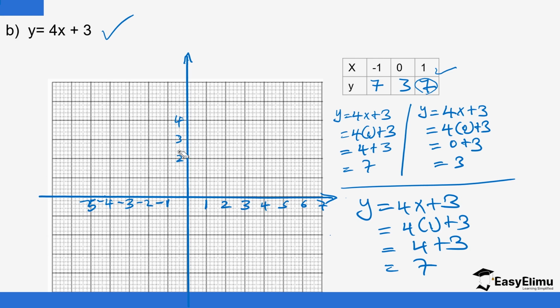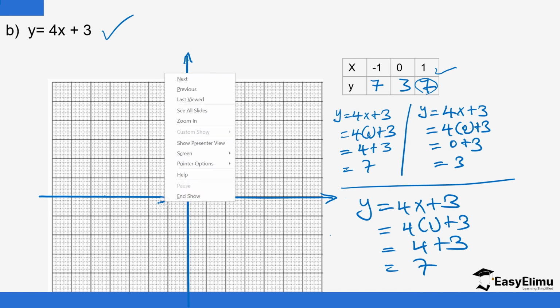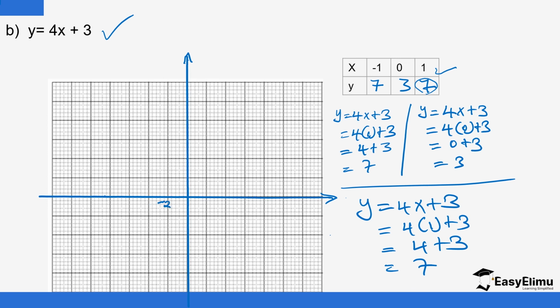So what we'll do is that we'll use a better scale, 2 units to represent a division. But that has to be the same for both axes if you're drawing this line. So it has to be -2, 2, 4, 6, 8, 10, -4, -6, -8, -10.